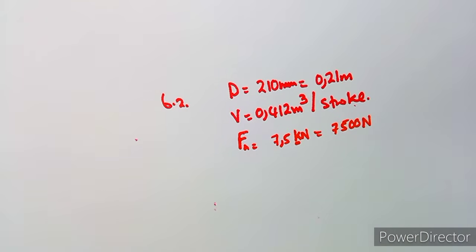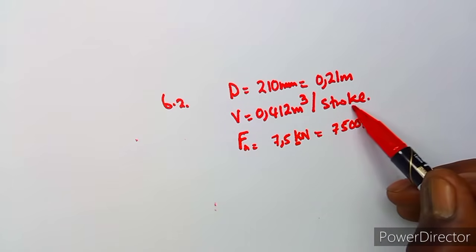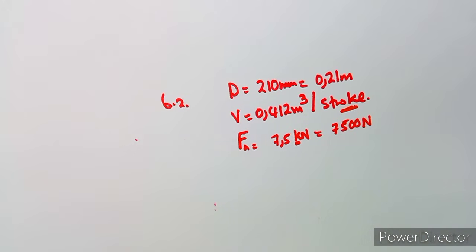The kilo means 1,000, so that is your actual force. So remember, guys, this is the volume per stroke, which means we do not know the stroke length in this case.